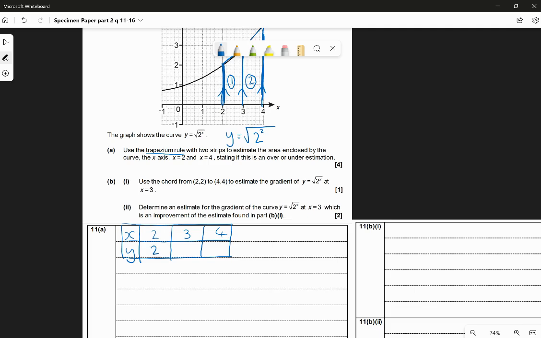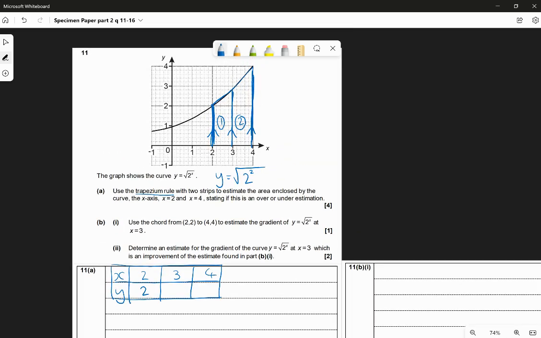So y is 2. And as you can see on the graph, you can see a y-coordinate of 2 there. When x is 3, we have y is equal to the square root of 2 to the power of 3, so the square root of 8, which is 2 root 2, or I'll just put root 8 here and leave it in surd form rather than putting an ugly decimal there.